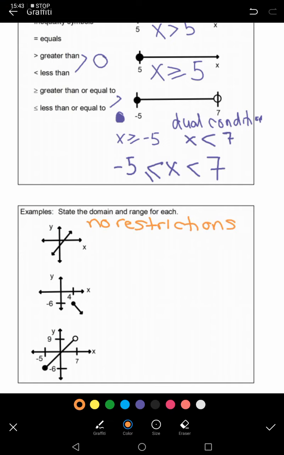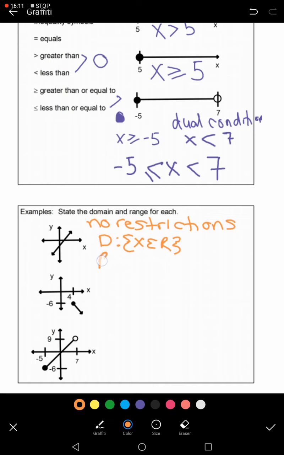So how we write that, hopefully you remember: domain, colon, bracket, x is equal to all real numbers. There's no specific numbers; it's equal to all of them. That means for any x value here, it will have a y value.